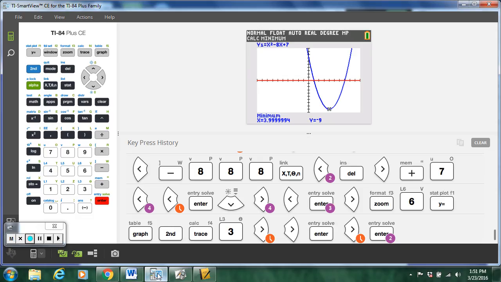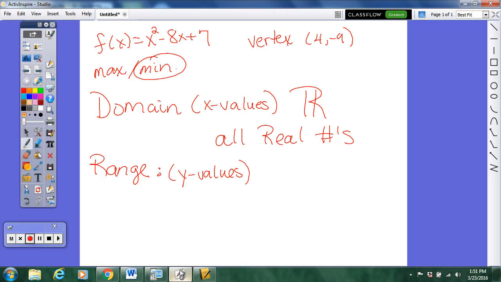Thank you, negative 9. So the lowest point on this graph for the y is negative 9. What's the highest point? Does it ever quit going up? No. So your range values are going to be y is greater than or equal to negative 9, because it can be anything from negative 9 up.